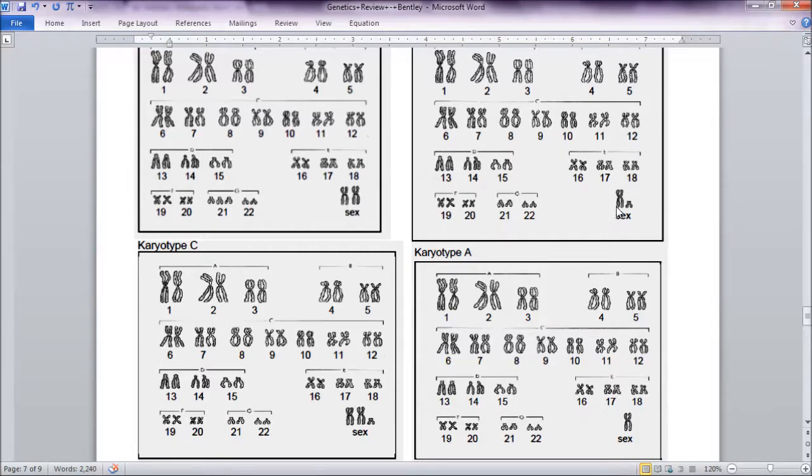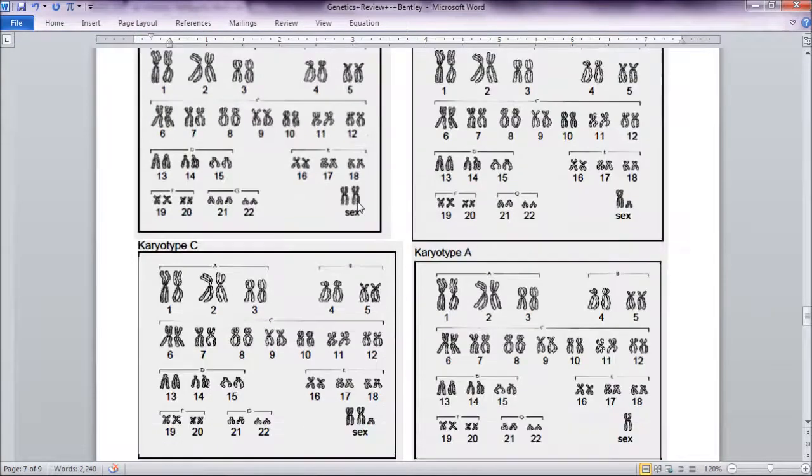If you're a boy, you get a big X and this little stumpy thing called a Y. Sorry boys, that's all you get. So that's the idea of how we work. We have 44 autosomes, 2 sex chromosomes, adds up to a total of 46 total chromosomes. Notice total. If I ask for pairs, you're going to tell me 23 pairs.